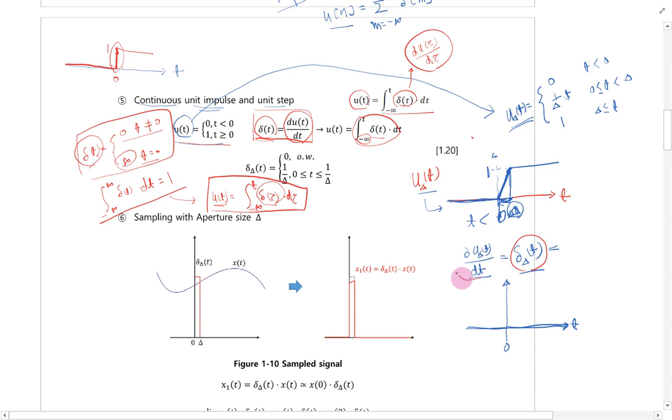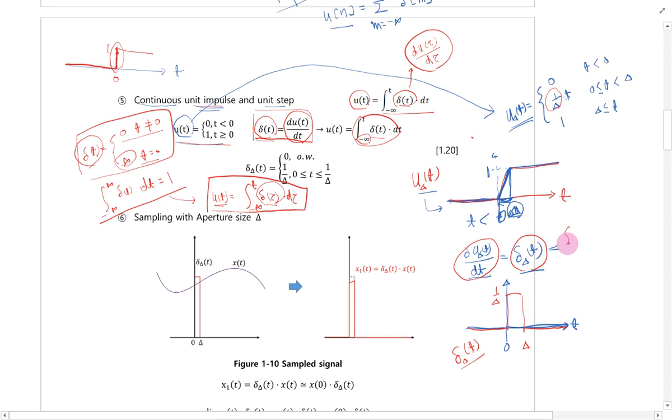By taking the derivative with respect to time, in this range, where t is less than 0, the differentiation is 0. But if t is between 0 and delta, the slope is 1 over delta. It remains that way, 1 over delta. And after that, the slope is 0 again. So this is the delta(t), an approximation of the ideal impulse function.